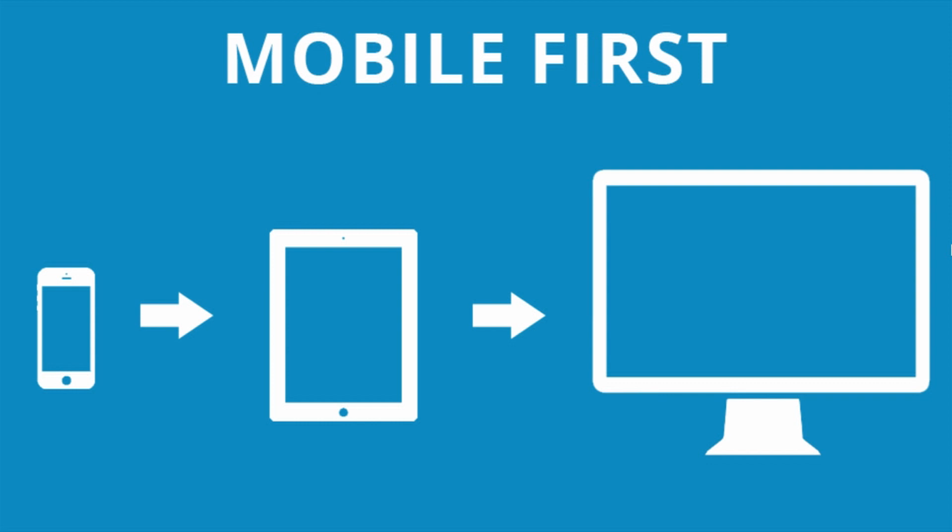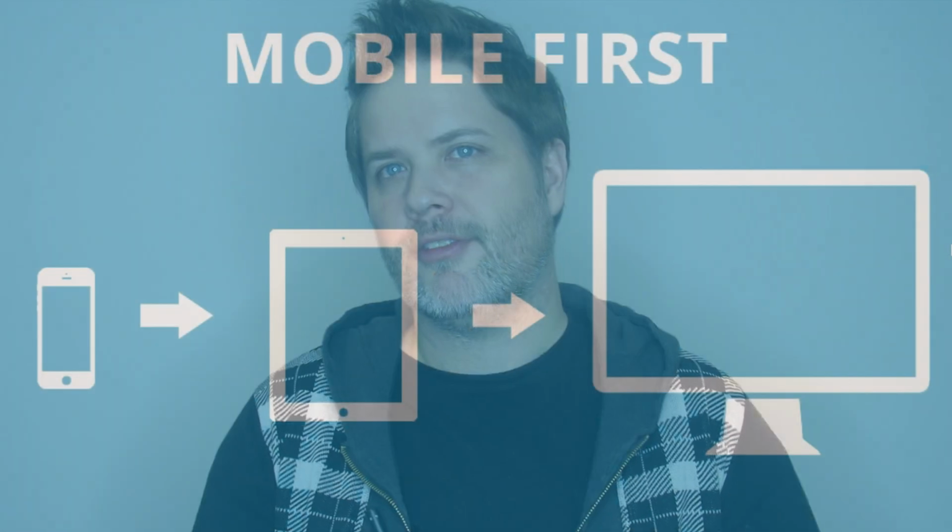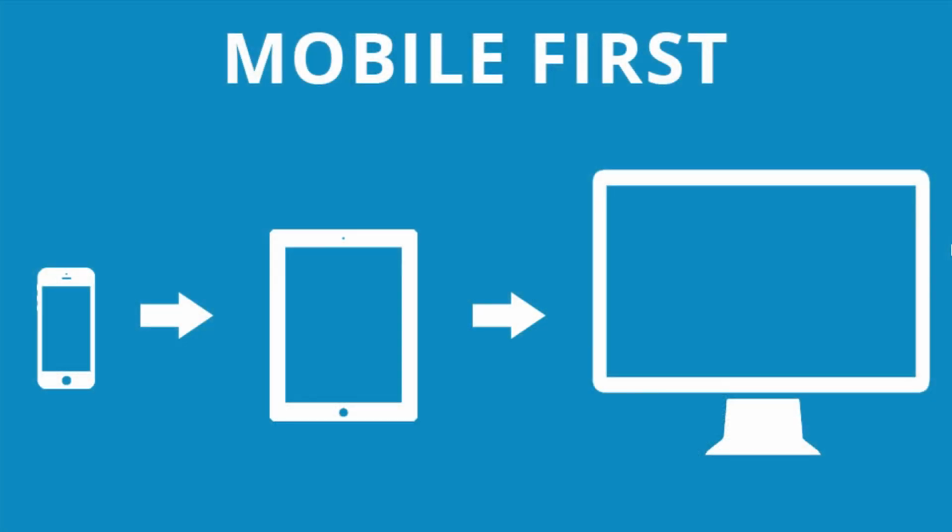I'm sure I don't have to tell you that these days our society is mobile-first. Most of our touch points with any brand and any service happen on our mobile devices. We walk around with the most powerful computer that most of us have ever seen in our pockets every single day. Most of our touch points start on the mobile device, and a lot of times they end on them.